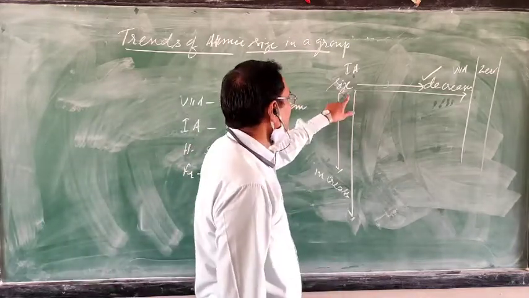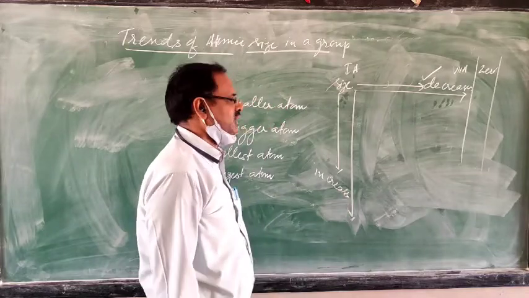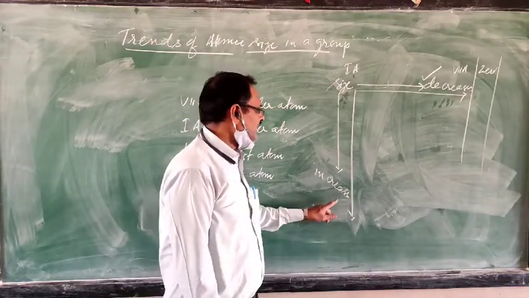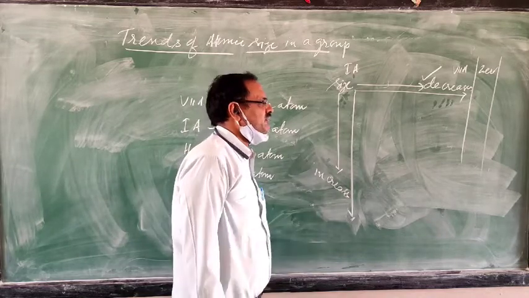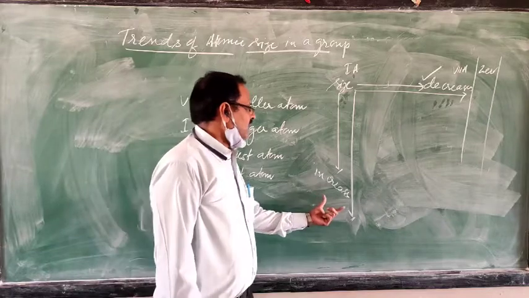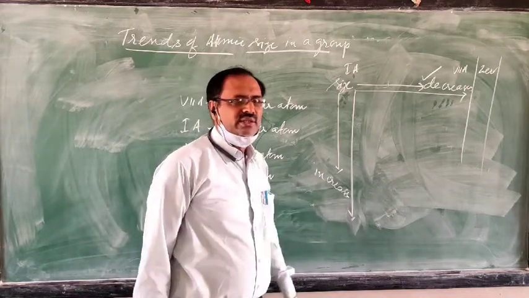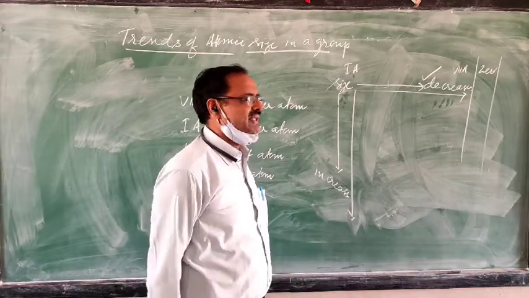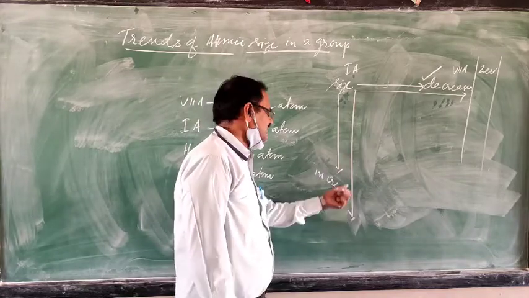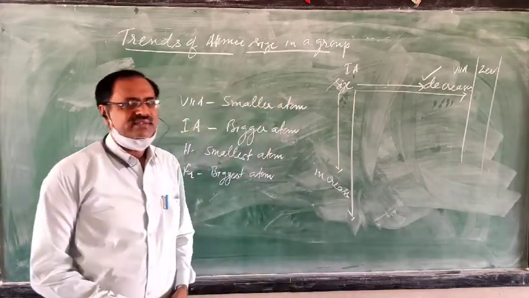Second question: when we move in a group from top to bottom, atomic size increases. What is the reason? We will say, when we move in a group from top to bottom, the number of shells increases and the nuclear charge also increases. But the number of electron shells will be the dominating factor. So as a result, atomic size increases.